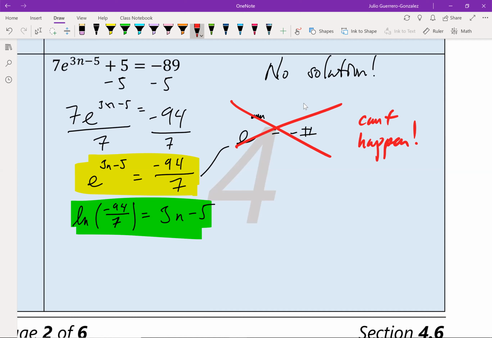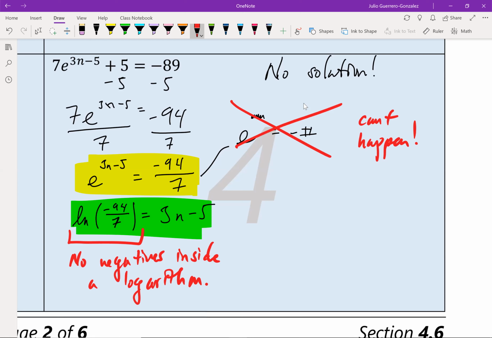And the other one is right here: there are no negatives inside a logarithm.